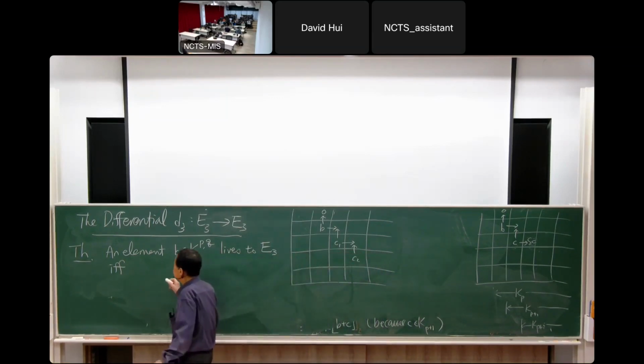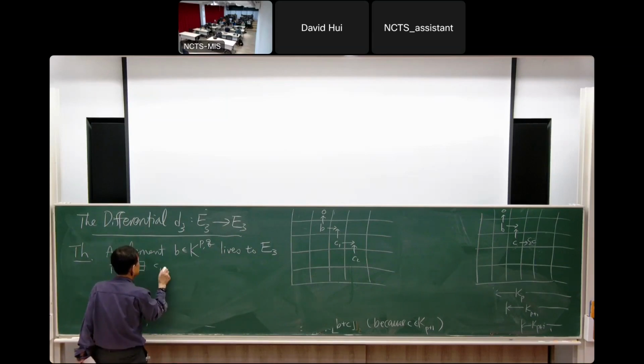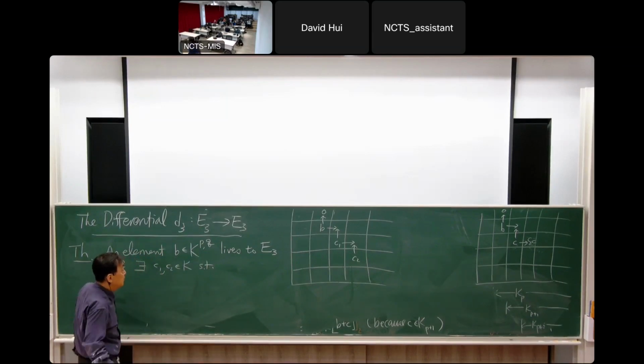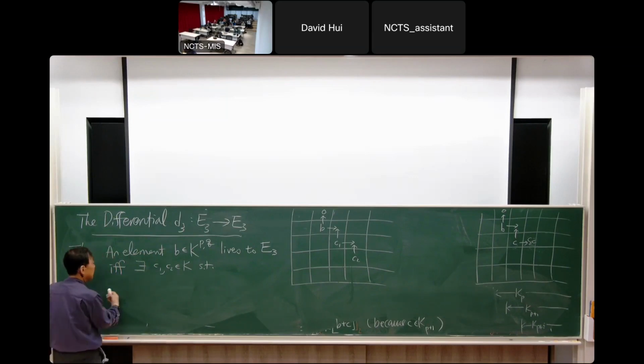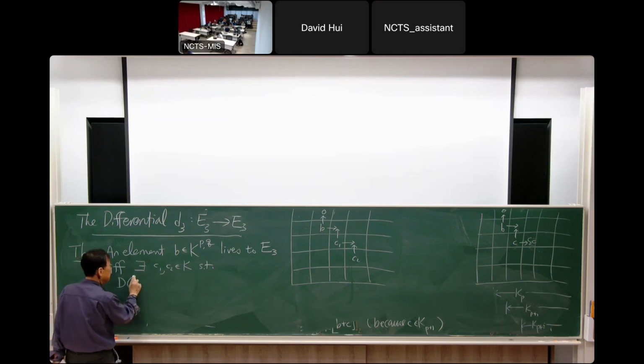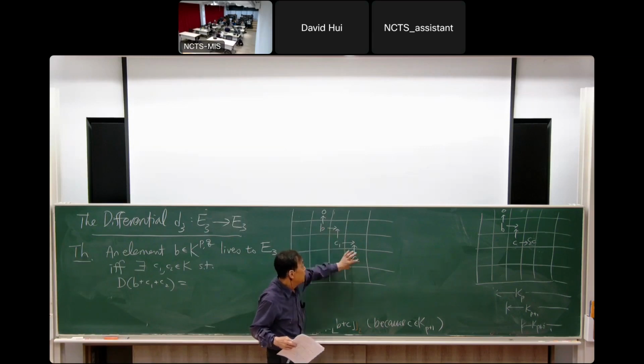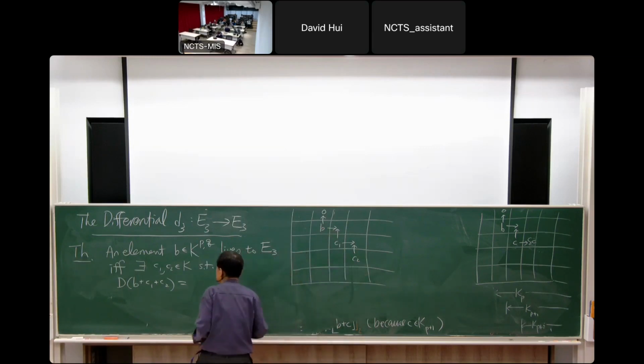There exists C1, C2 in K such that you have a zigzag like that with appropriate degrees so that D of B plus C1 plus C2, okay, that will have many terms, but they will cancel and you are left only with the tail term.